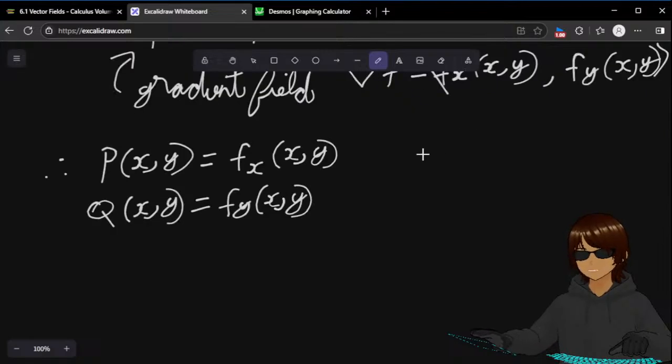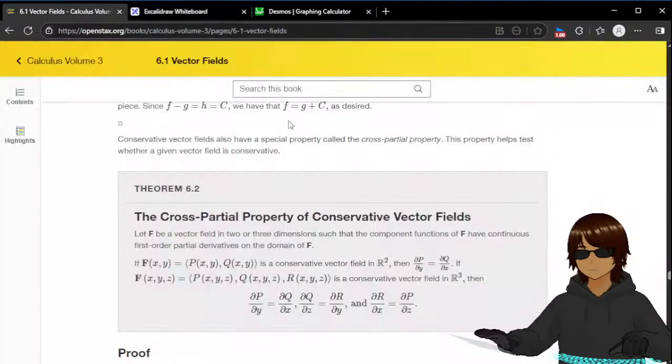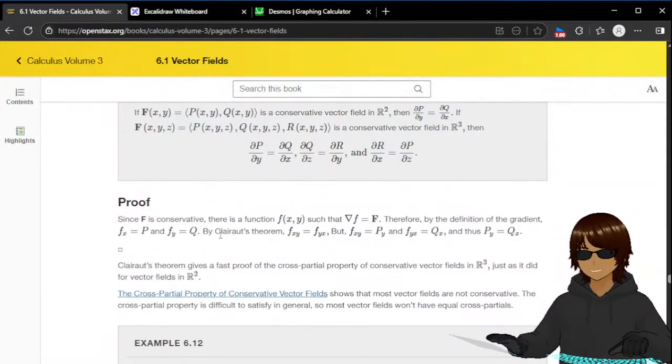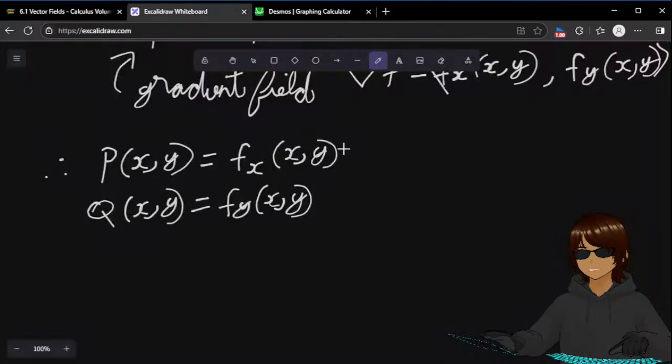But also we know according to Clairaut's theorem, I don't know if it's pronounced Clairaut's theorem, but it basically says differentiating with respect to x first and then y is the same as differentiating with respect to y first and then x.